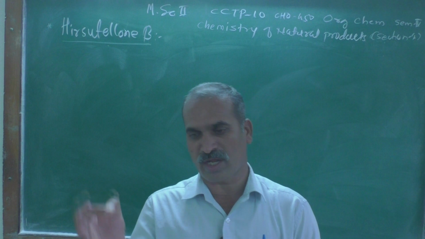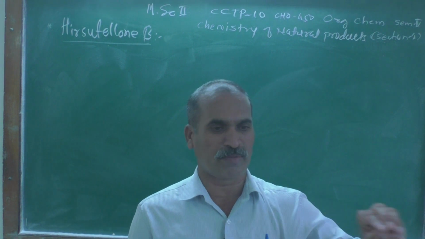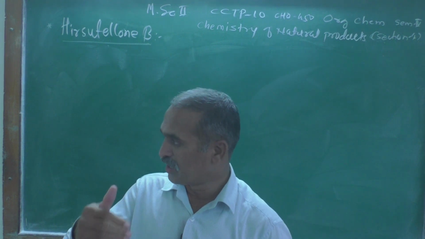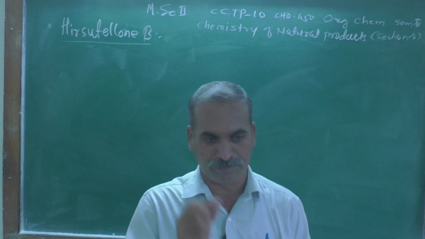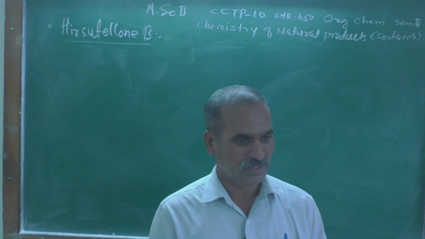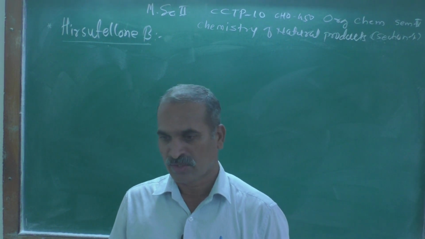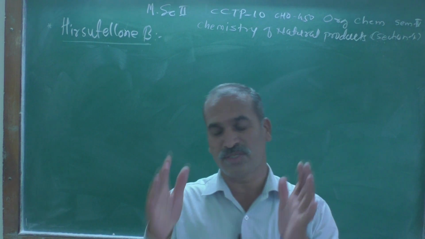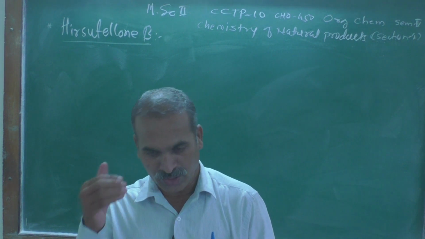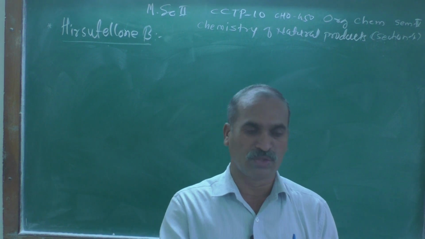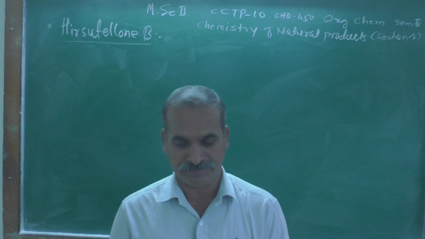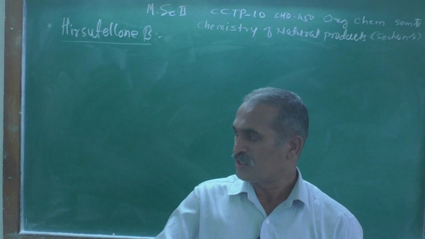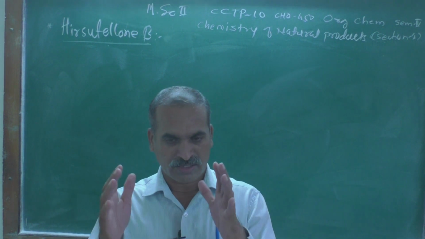Cis isomer means what and trans isomer means what? These are geometrical terms, because while studying such molecules, we have to maintain the geometry of the particular compound which we are synthesizing in the laboratory to achieve a target molecule like hirsutolone B. And therefore these are the terminologies, cis isomer and trans isomer.